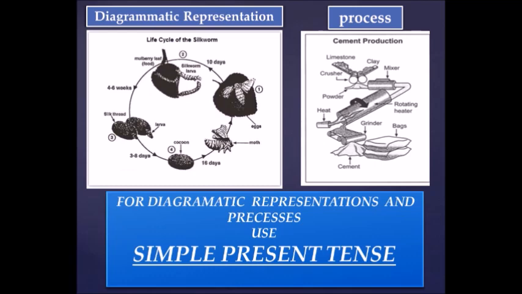Often, in diagrammatic representations and in processes, you may have to use the passive form of the simple present. So unless and until you are thorough with the formation of passive in simple present, you are likely to make many mistakes. So in diagrammatic representations and in processes, you have to use simple present tense.